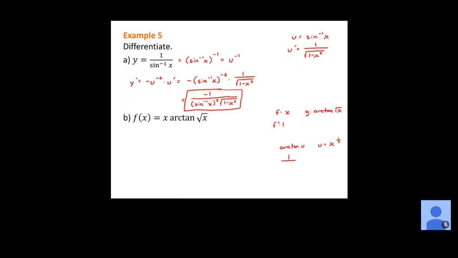So we'll get 1 over 1 plus u squared times the derivative of u, which is 1/2 x to the -1/2. 1 over 1 plus u squared times u prime.